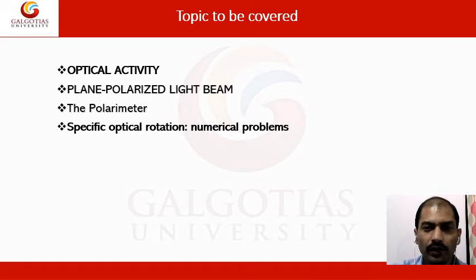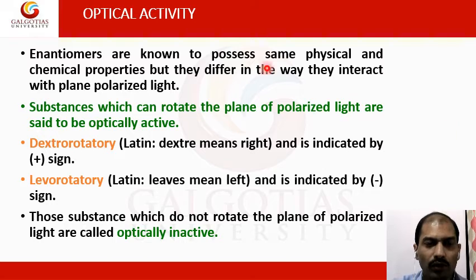So before we see that, we will start from what optical activity is and what it means. Enantiomers have the same physical and chemical properties, but they differ in the way they interact with plane polarized light.